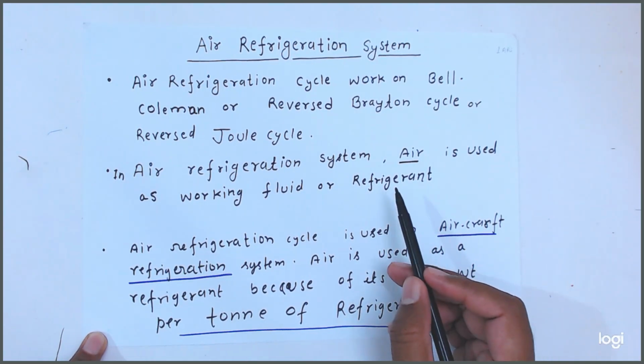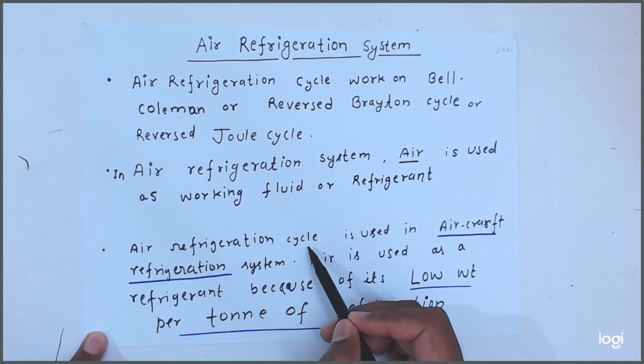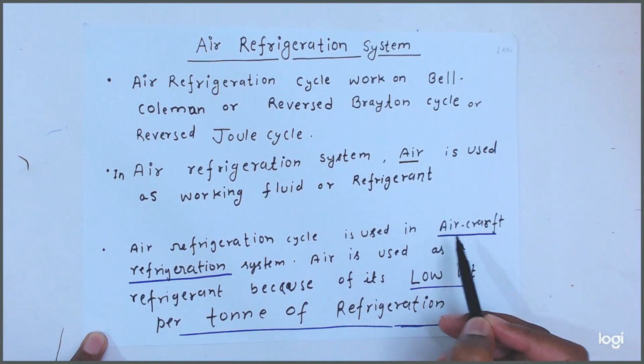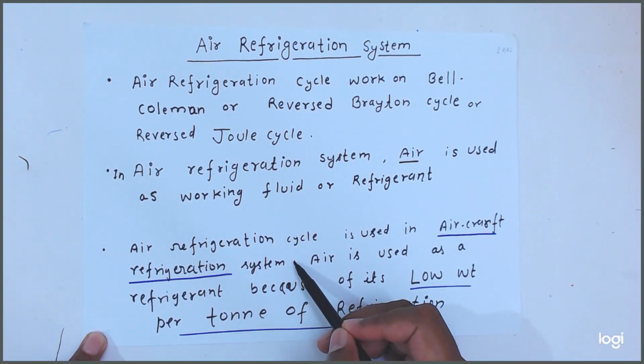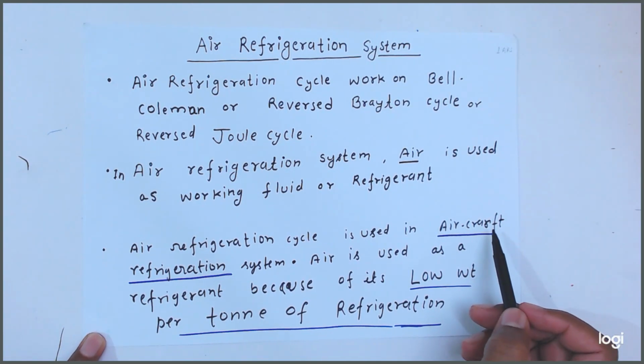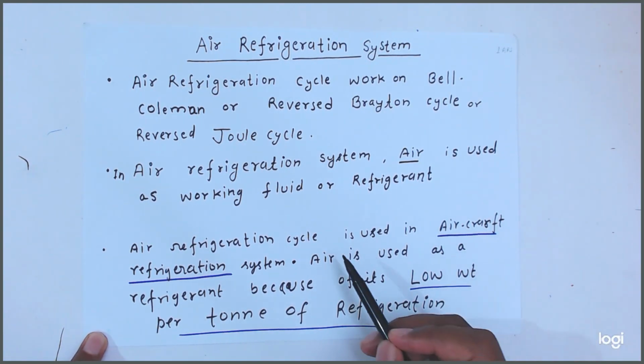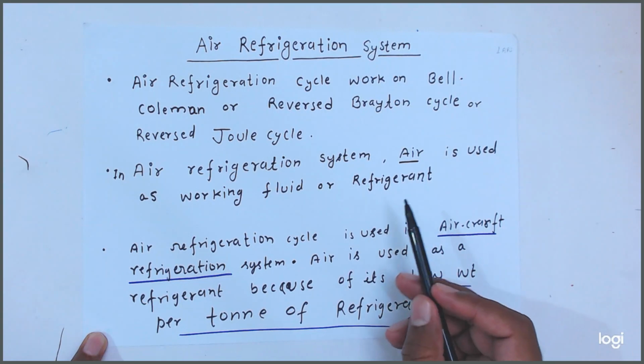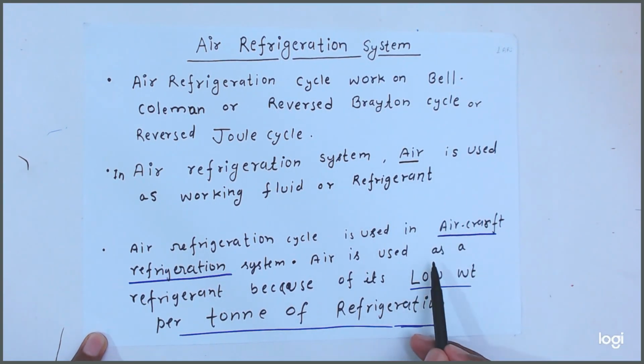Getting, friends? The air refrigeration cycle is used in aircraft refrigeration systems. So in whatever aircraft, aeroplane is there, the air refrigeration cycle is used, and in this, air is used as a refrigerant. Why?